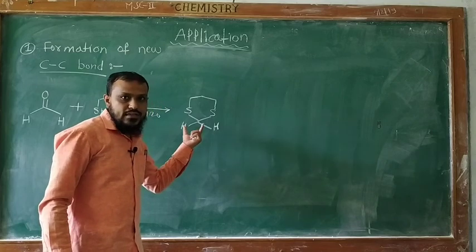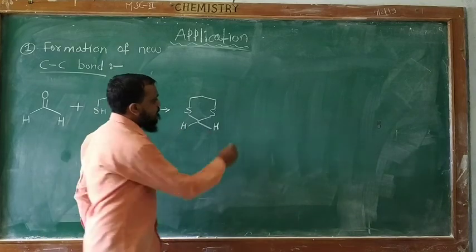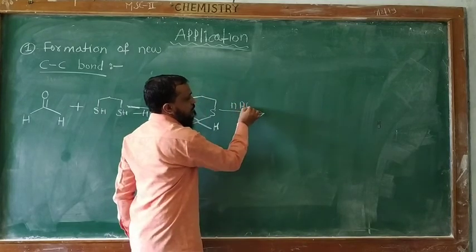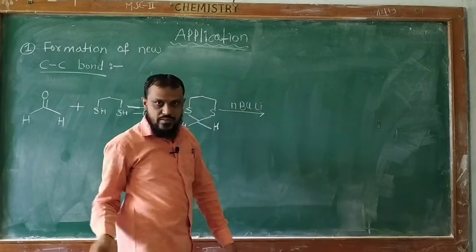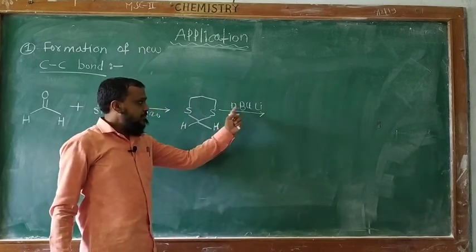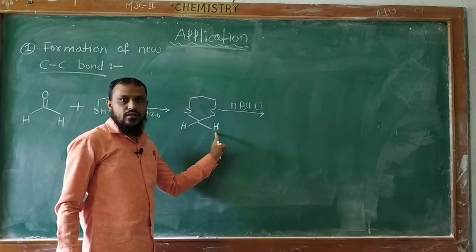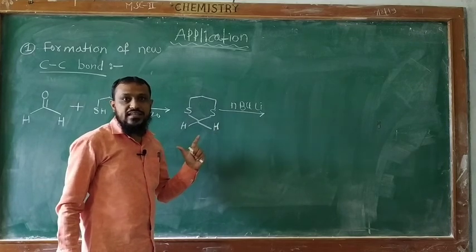This 1,3-dithiane further reacts with n-butyl lithium. We know that n-butyl lithium is a strong base and it extracts one proton from 1,3-dithiane to generate the lithiated salt.